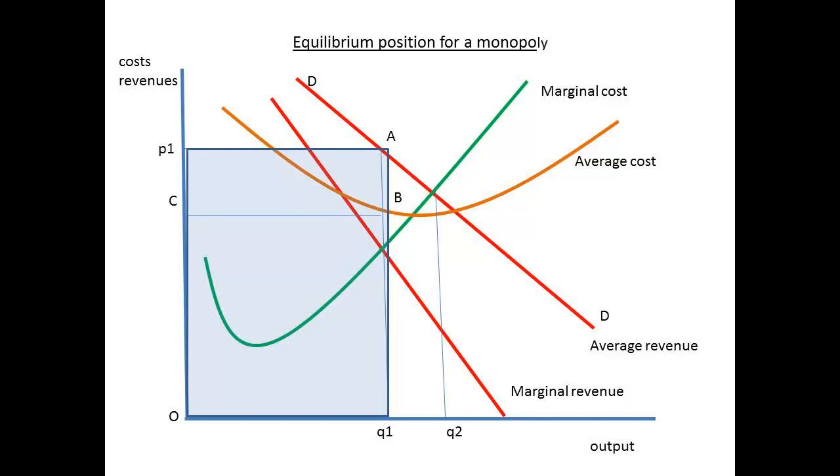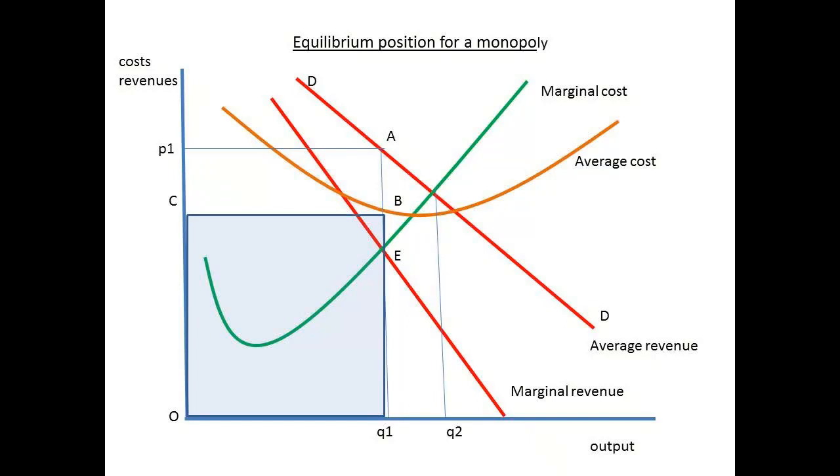Suppose the monopolist is producing quantity OQ1 at this point, but the price is OP1. The monopolist is making above normal profits. The total revenue is given by the area of the rectangle OP1AQ1. We have shaded this rectangle.